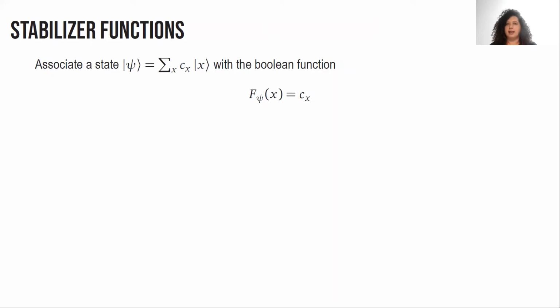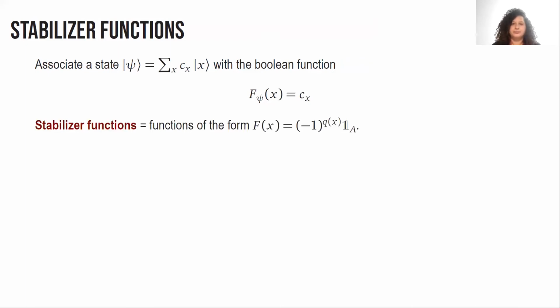We write the state as a linear combination of our special basis elements, and the function gives, at the value x, the coefficient of the corresponding vector in the linear combination. So it takes x and gives c of x.